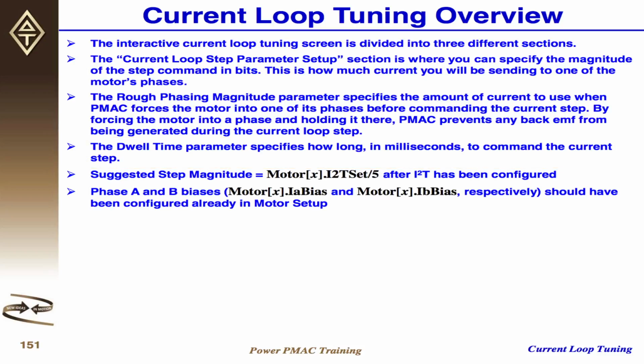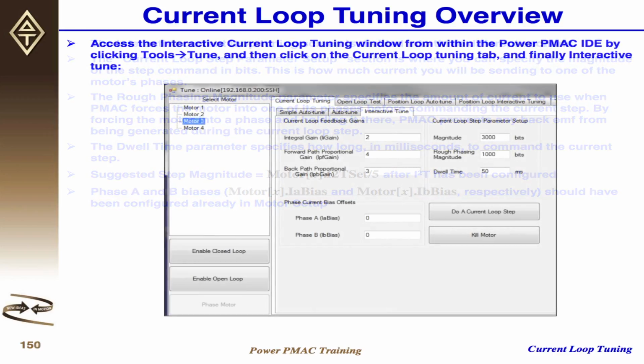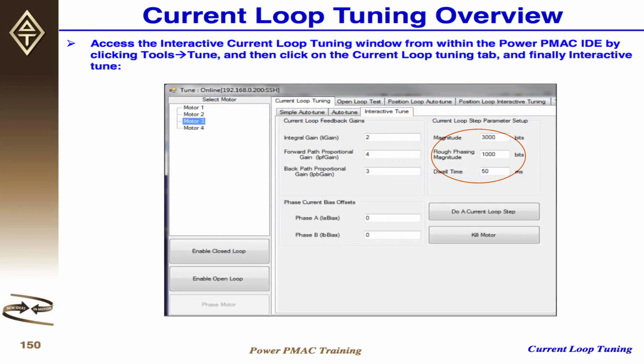And then your rough phasing magnitude that shows up right here should be the same value that you're using to phase your motor. So the system setup software will have configured motor x.phaseFindingDAC for you. That's a parameter that indicates how much current to force into the phases when you're phasing.